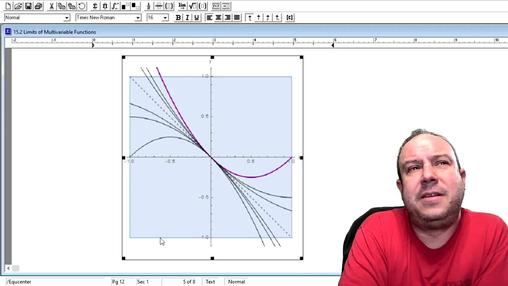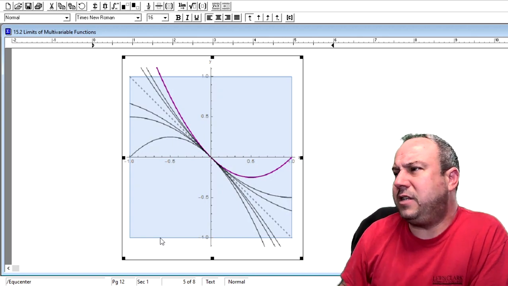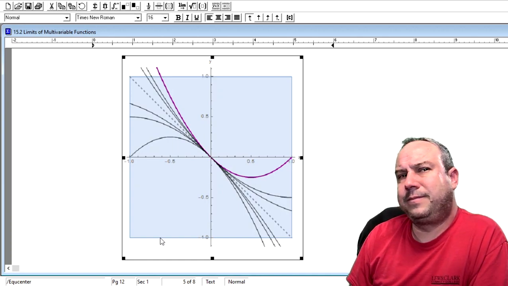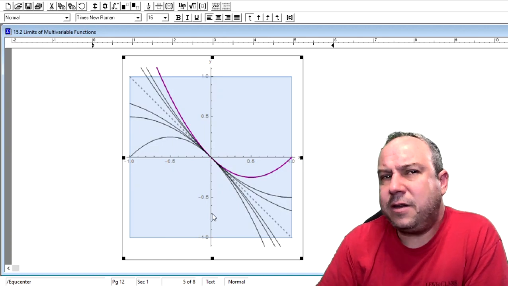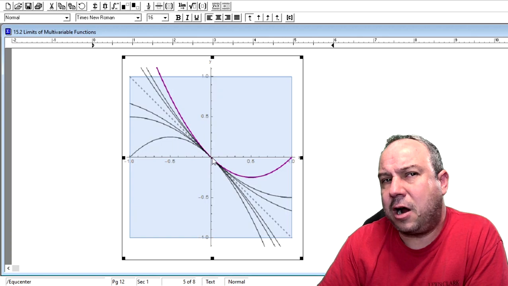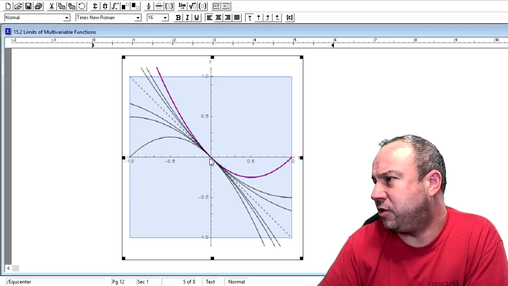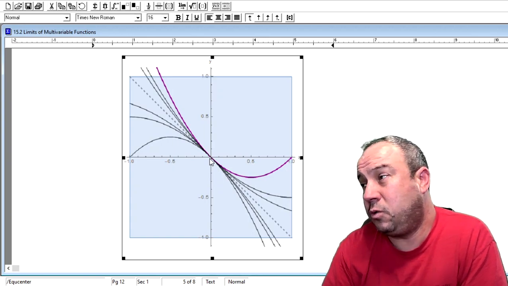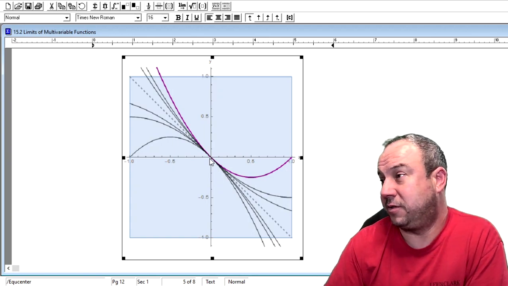But we do note, what do all these level curves have in common? If you take note, what do they all have in common right here? At our approach point, the location of our approach. Well, they all pass through that location, folks.